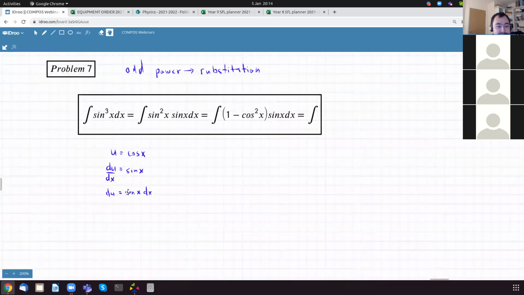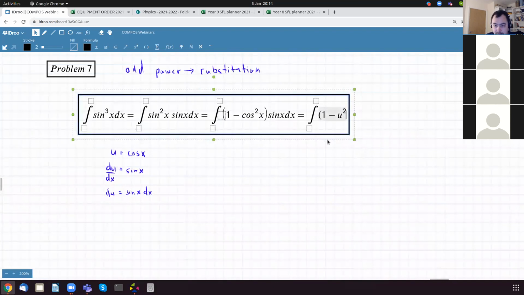And we know that sine x dx is actually du. So we get 1 minus u squared du. And now it breaks down into two very simple integrals.